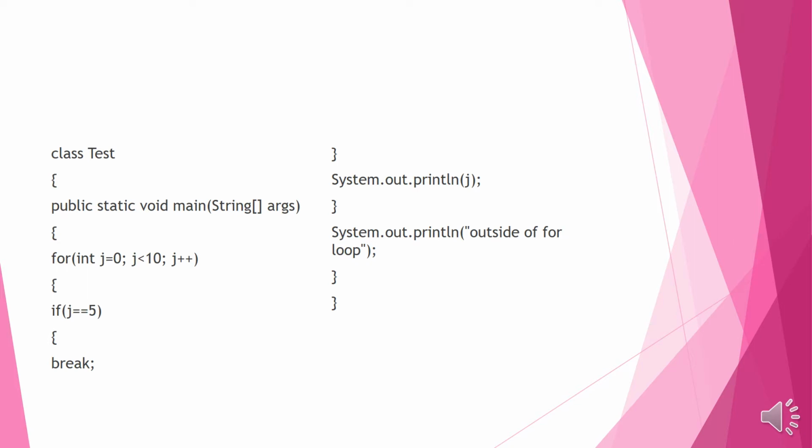Here a class called test is created, and within the main function we have a for loop. Inside the for loop we'll be using break so as to break the execution in between. Here j is initialized with 0 and j is less than 10.